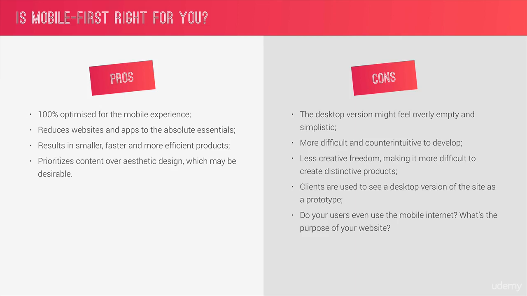I mean, why have an advanced system like a huge desktop computer if websites don't even use the device's resources and capabilities, right? Also, if you're like me and more used to seeing a whole lot of desktop websites, then it may seem a bit weird, even counterintuitive, and also difficult to develop mobile first.